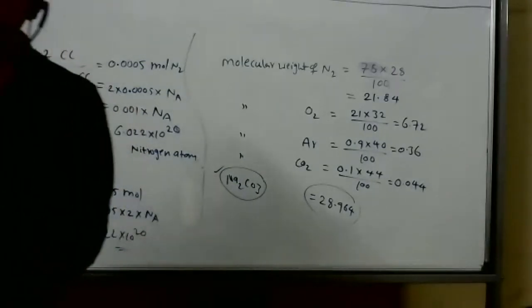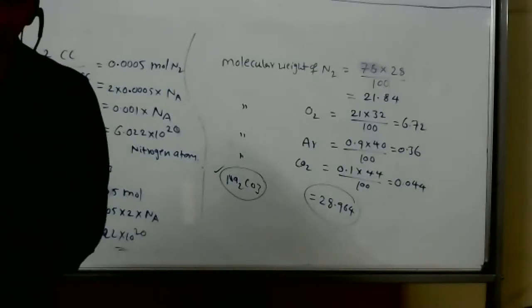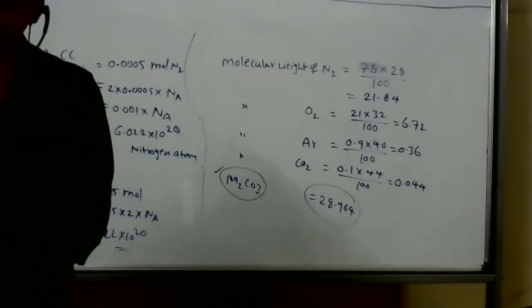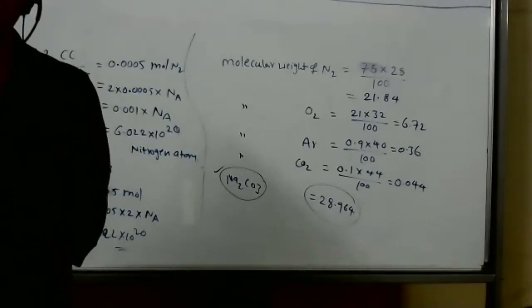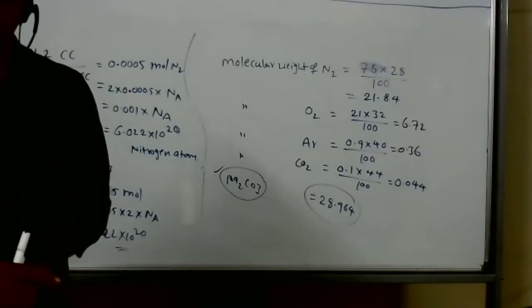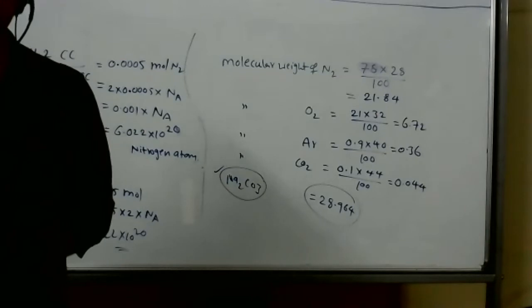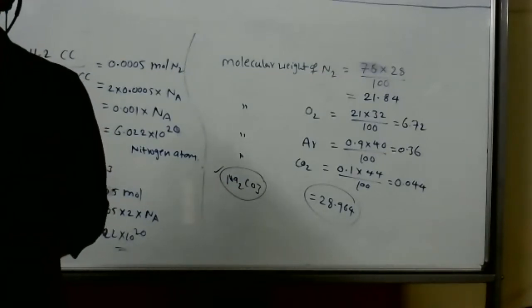In the balanced equation, 1 mole of H2SO4 gives 3 moles of ions: 2 moles of H3O plus and 1 mole of SO4 2 minus. So 0.1 mole gives 0.3 moles. Just multiply with Avogadro number.